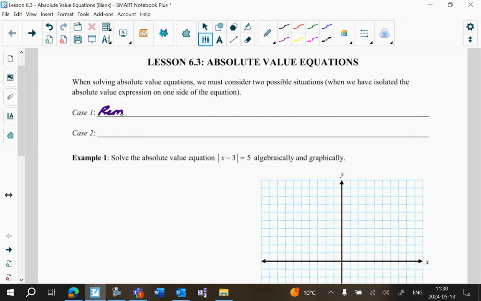So we remove absolute value bars and make whatever the expression that was inside the absolute value bars equal to the positive of the right-hand side.